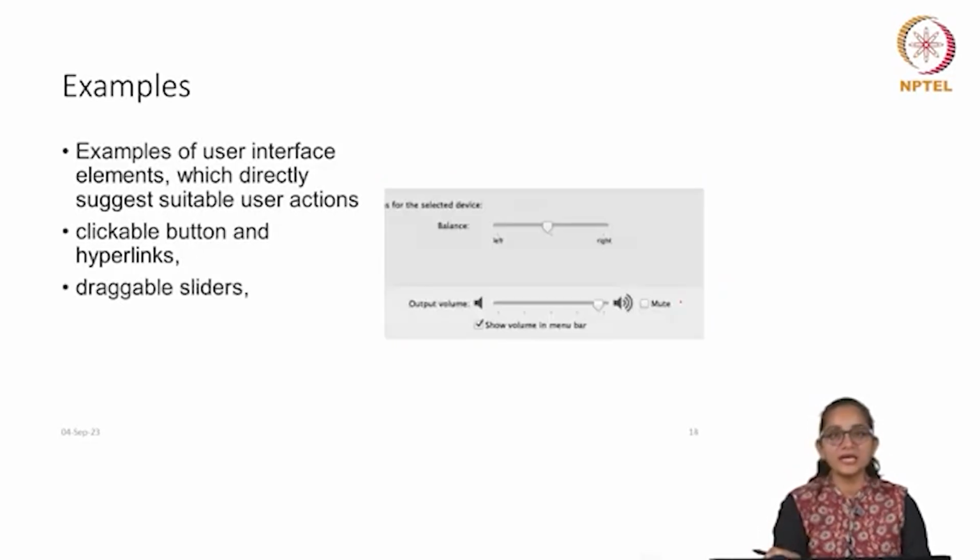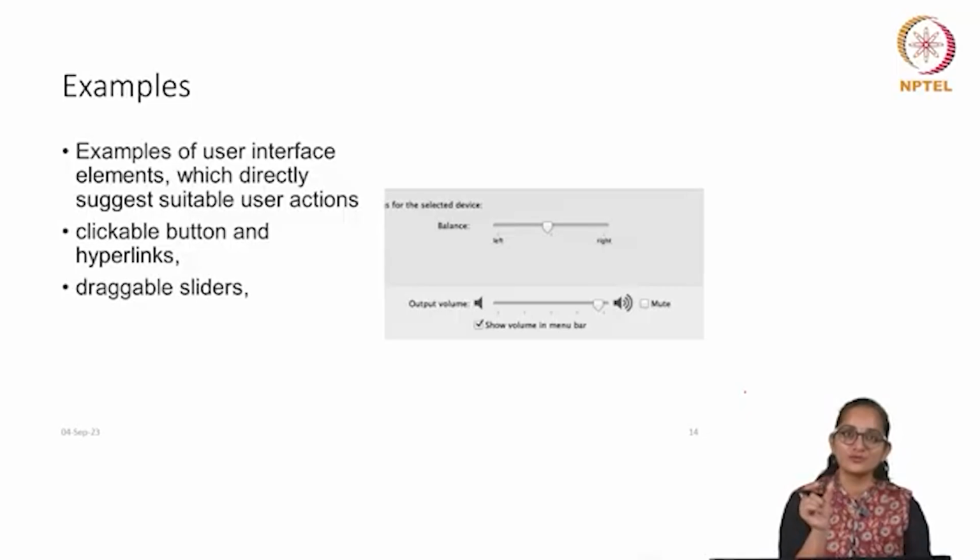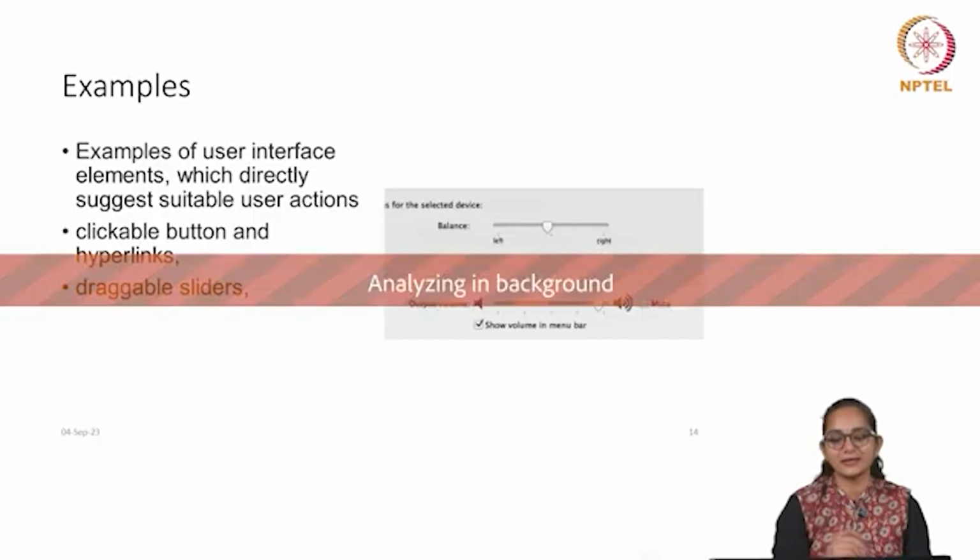Similarly, just by looking at this interface, again a digital screen-based interface, it draws from analog versions of volume or music equalizers, which have those small stubs which move up and down or slide left or right. Just by looking at it, you know that it is meant for sliding left or right on a scale.